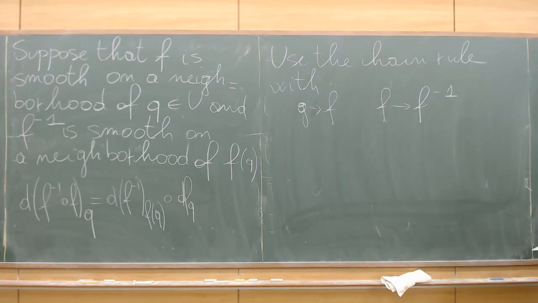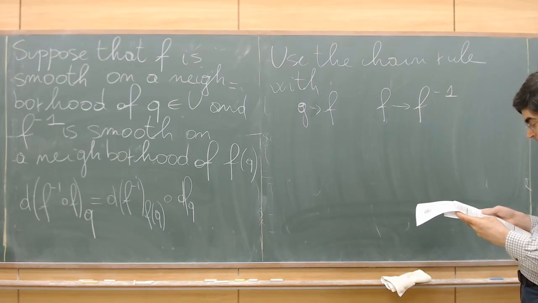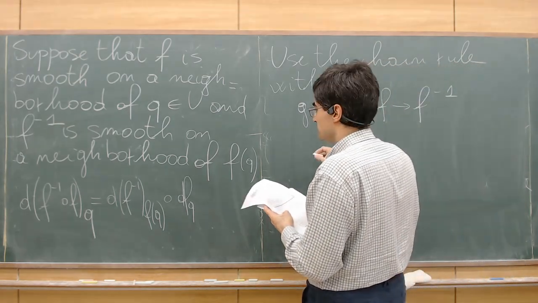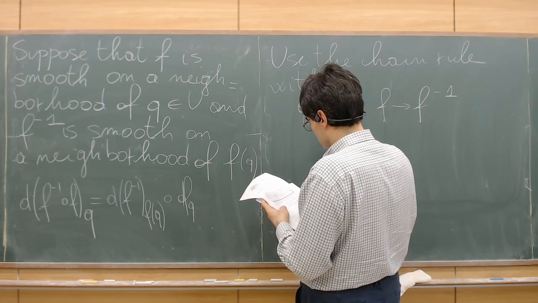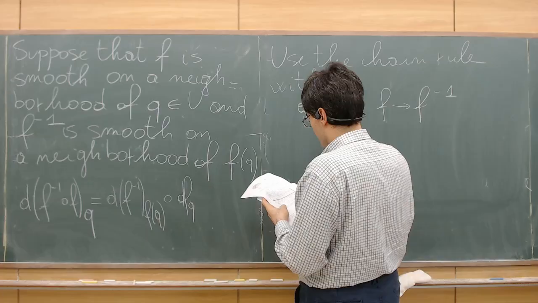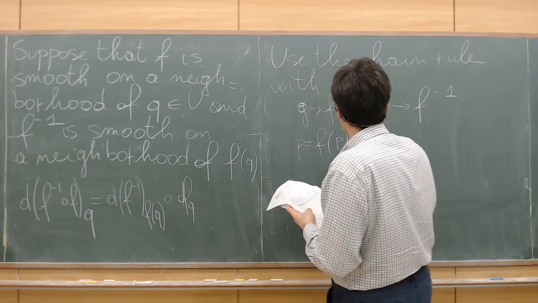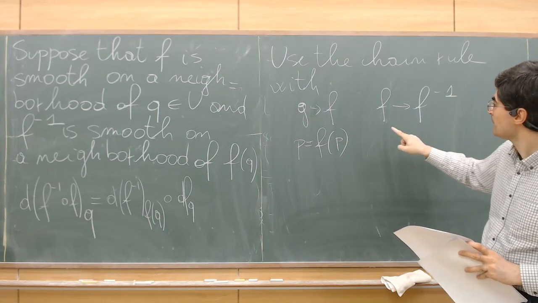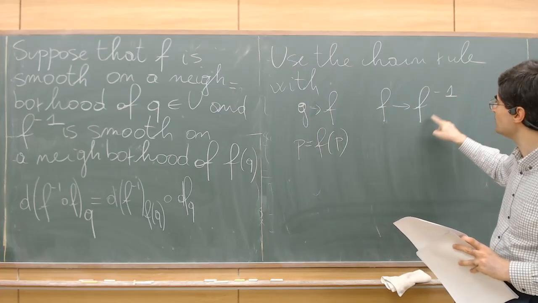And I should mention also the point Q. Here we have that P of course is F(Q). So please don't be confused when I write this way. This means that G is replaced by F and F is replaced by F inverse.